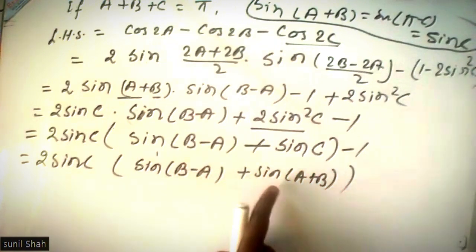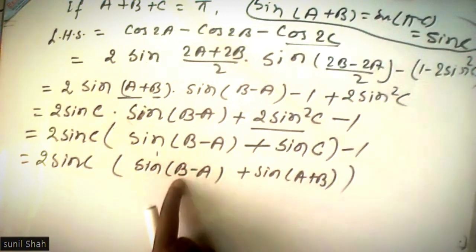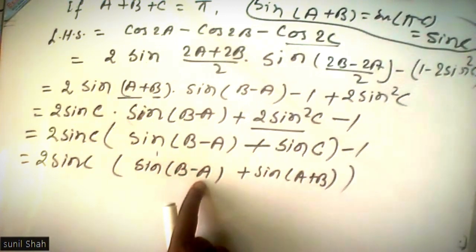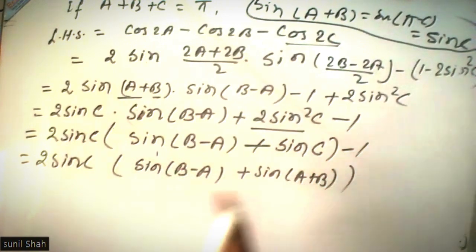What is the formula for sin (A plus B) plus sin (A minus B)? Here A is B and B is A, so sin (B minus A) plus sin (B plus A).